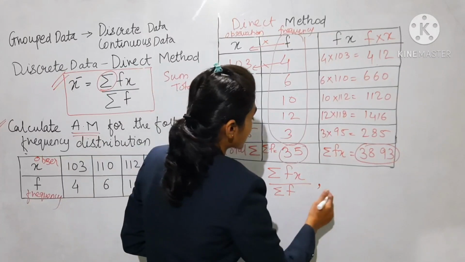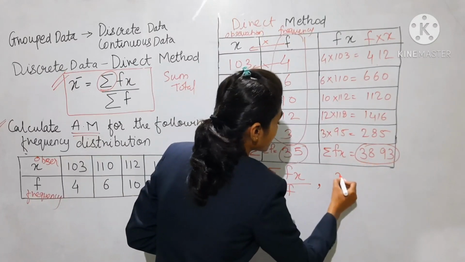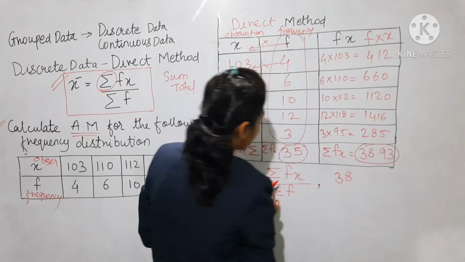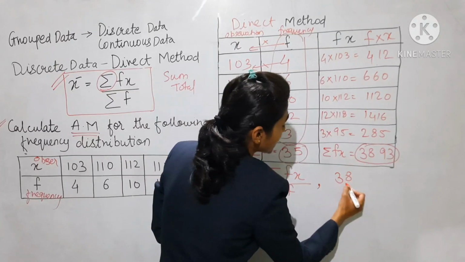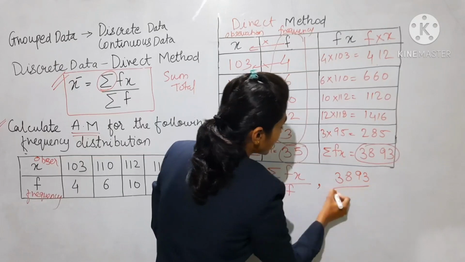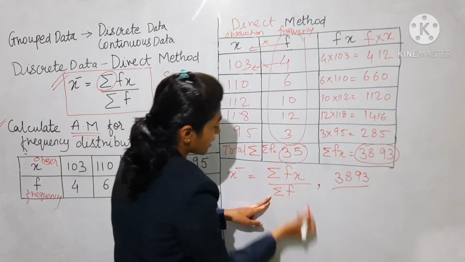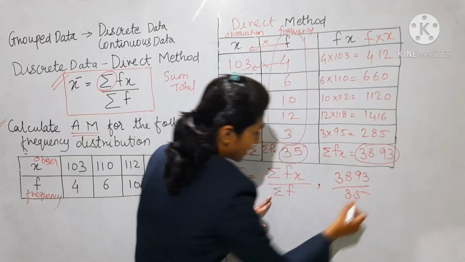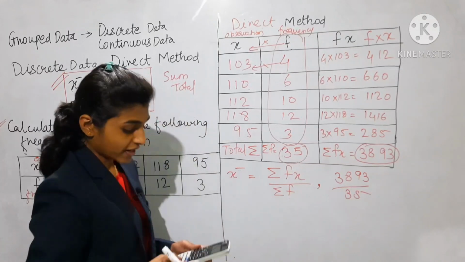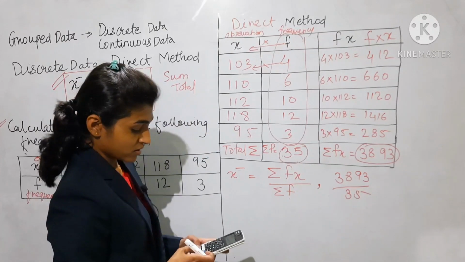So put the values as per the formula. Summation of fx is 3893 divided by summation of f, which is 35. So divide by 35.